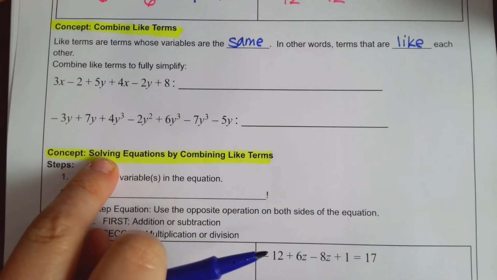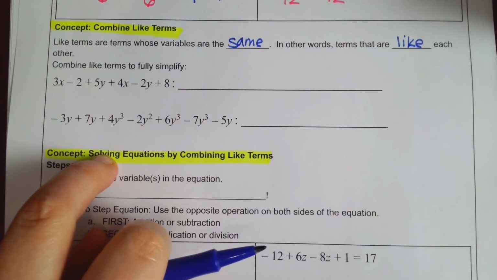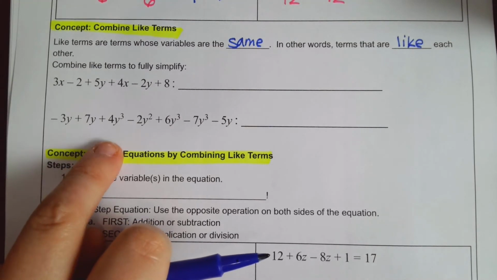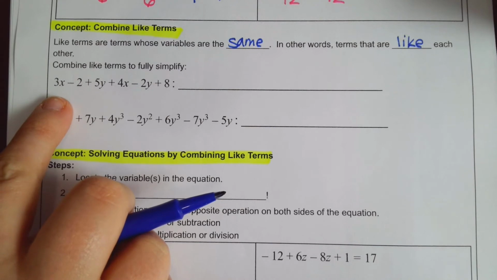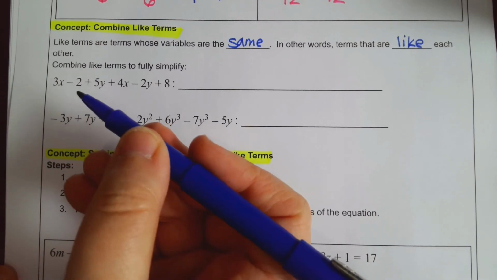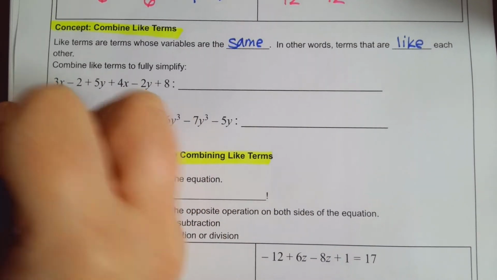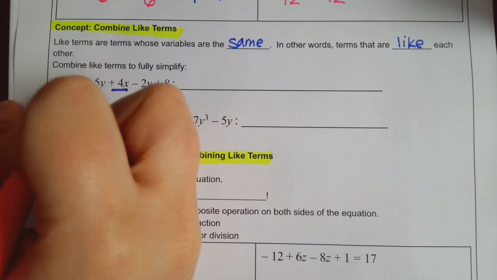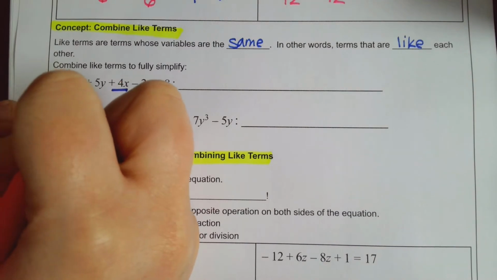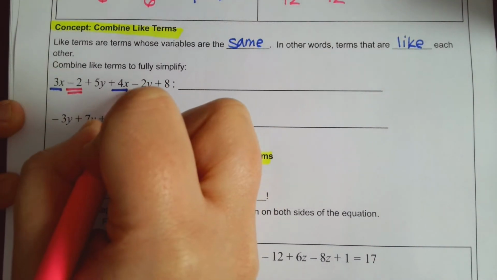So we have a few examples of combining like terms. I highly recommend having different pens. For this first one, I'm going to underline all my x's in blue in a single underline. Next, I'm going to underline just the numbers without variables in pink with a double underline.